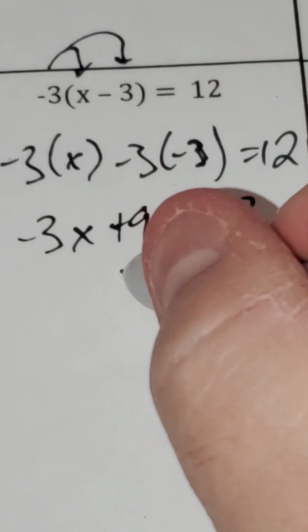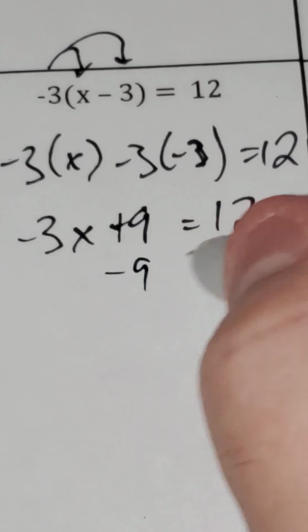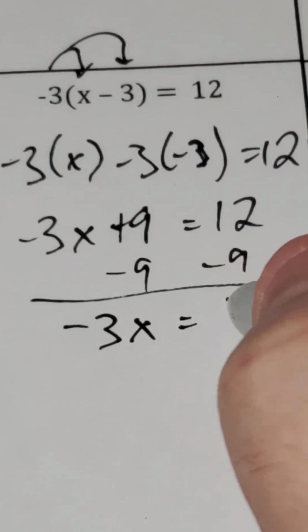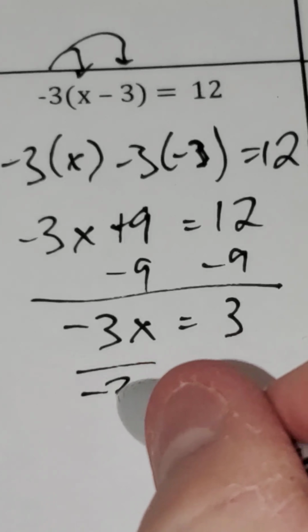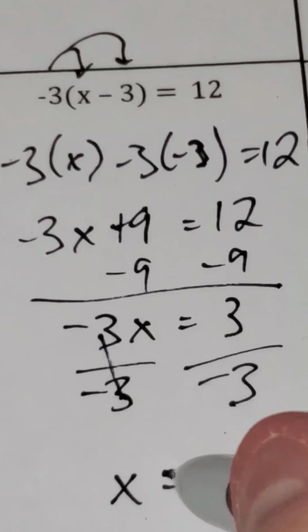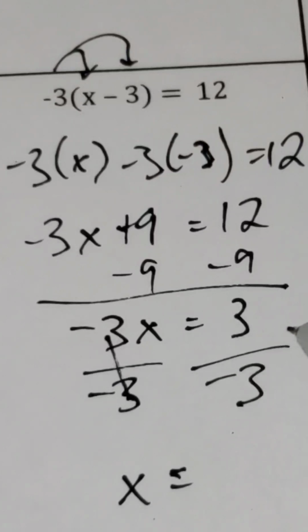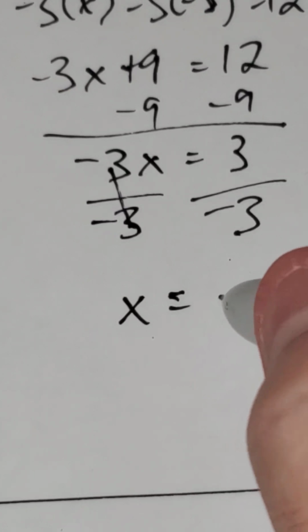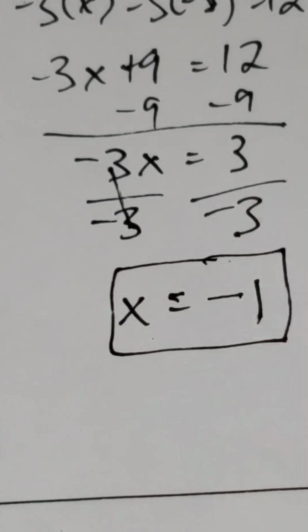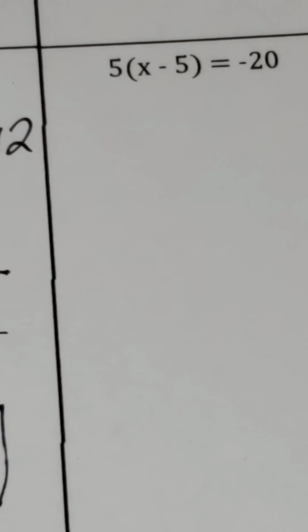How do you get rid of this +9? You subtract it. That's good. So you get -3x equals 3. Divide both sides by -3. 1x equals, now pay attention, positive divided by a negative is a negative. 3 divided by 3 is 1. There's your final answer. All right, here we go.